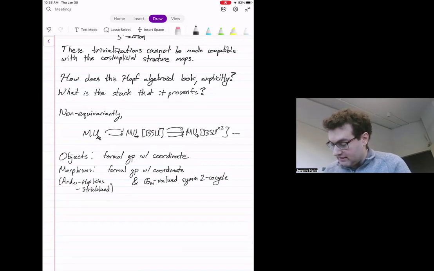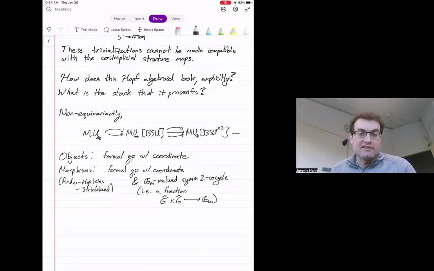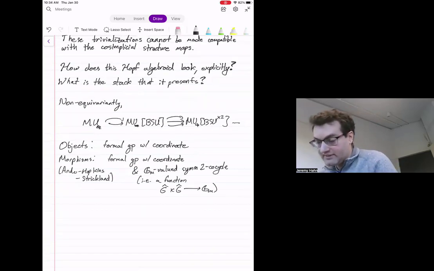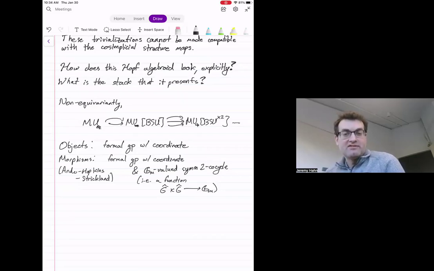And so what is that? That's a function from the formal group cross itself to G_m, which is symmetric in the two variables and satisfies some kind of relation that's called the 2-cocycle condition. So you can read about the exact definition of a G_m valued symmetric 2-cocycle in their work. But here, that's not what the objects are, that's what the morphisms are, which might be a little bit strange to get one's head around.